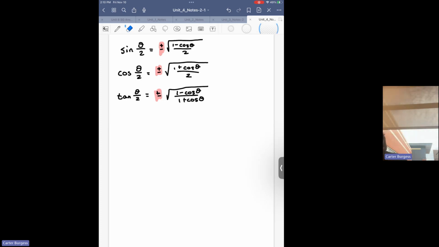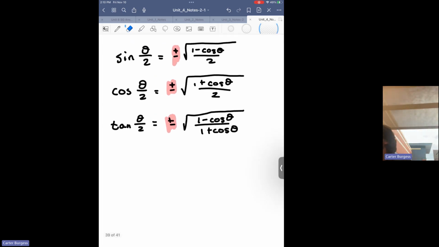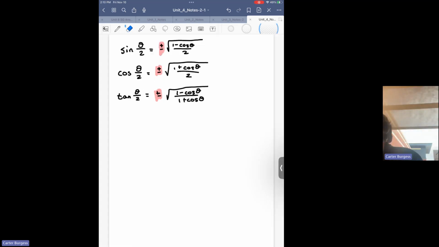The other thing that I want to highlight that is different about what we see is the presence of this plus or minus, which we haven't ever really had to deal with up until this stage. In particular, this is where the difficulty is located, the fact that the angle that we are taking the trig function of is not reflected in the theta that we are actually processing here.